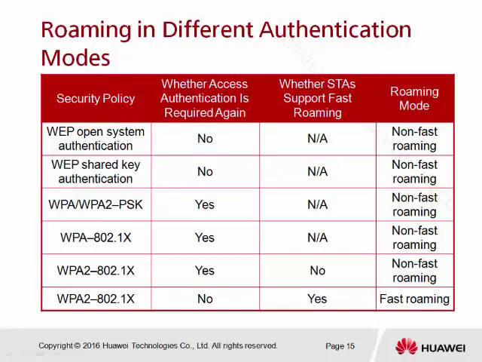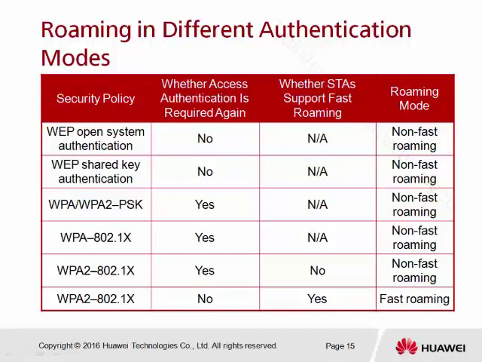The user requires an authentication password to log in. On both of these, the security policy doesn't require any re-authentication. When the user performs roaming, they still maintain the same IP address, and they don't need to do re-authentication anymore.